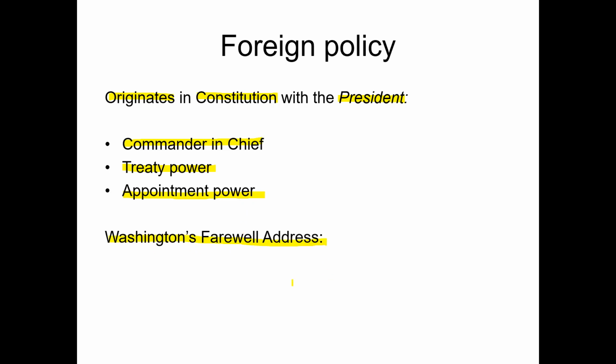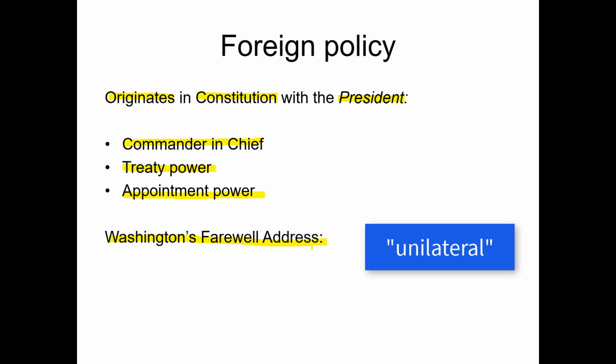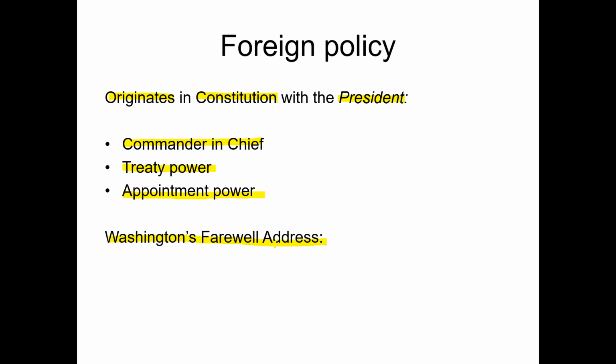Early on, the United States had what you might call somewhat of a unilateral type of foreign policy, and this was influenced very early on because of the entanglements that we were involved in at our founding, particularly with Britain.